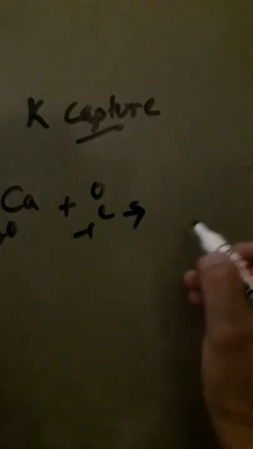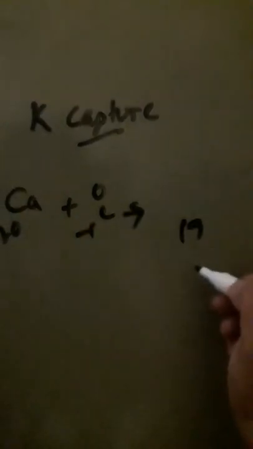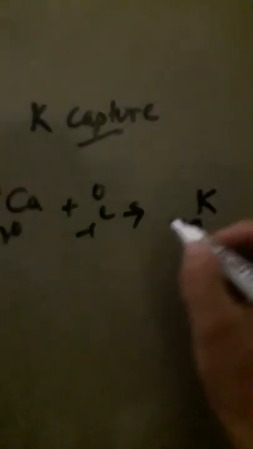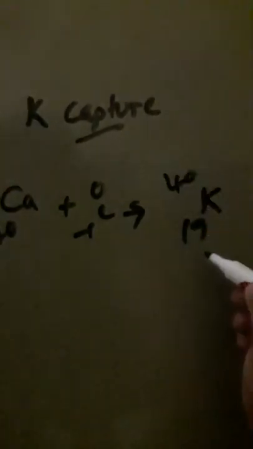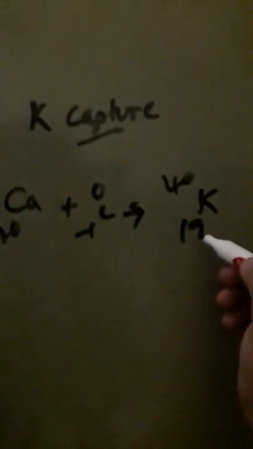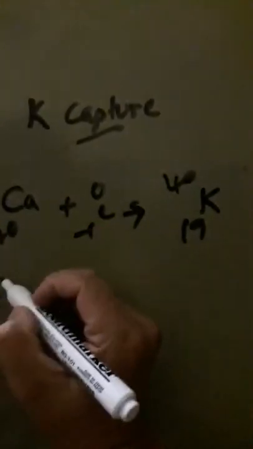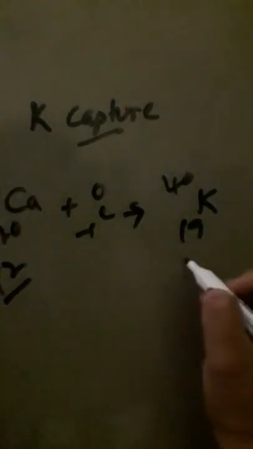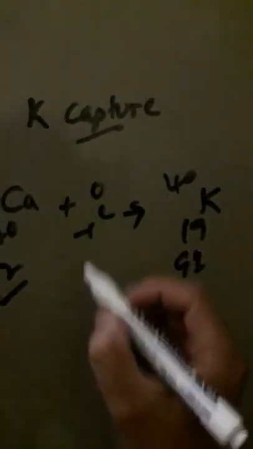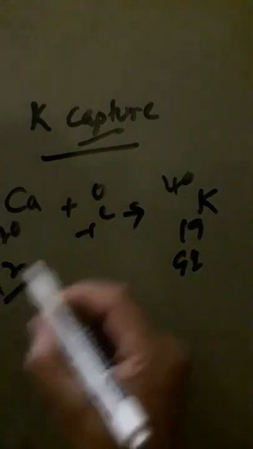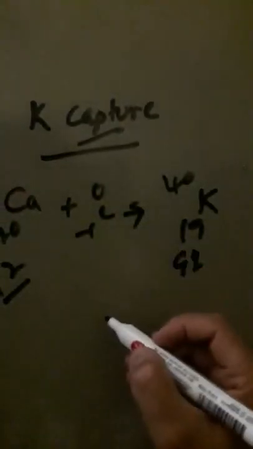So 20 minus 1 will be 19. So the element having atomic number 19 is probably potassium. It will be 19 40. So here, if you see in the periodic table, calcium will be in group 2 and potassium will be in group 1. So what has happened? During electron capture, the position of the daughter element will be shifted one group to the left. Is it alright?